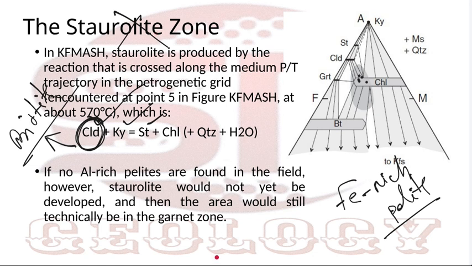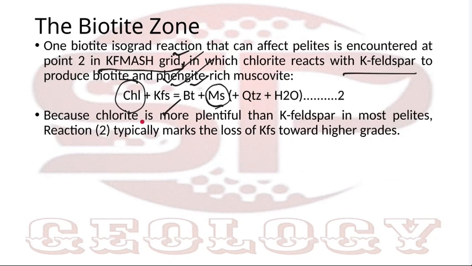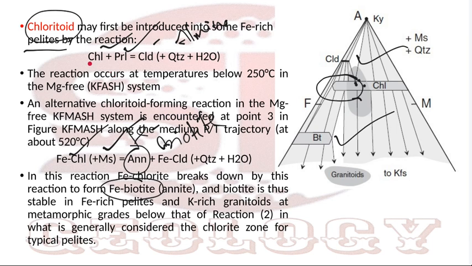Okay, apart from that, chlorite plus pyrophyllite gives chloritoid. This pyrophyllite is aluminous in nature.